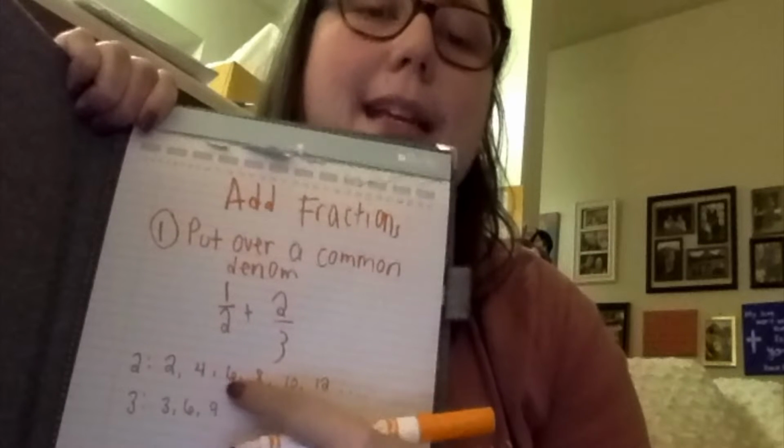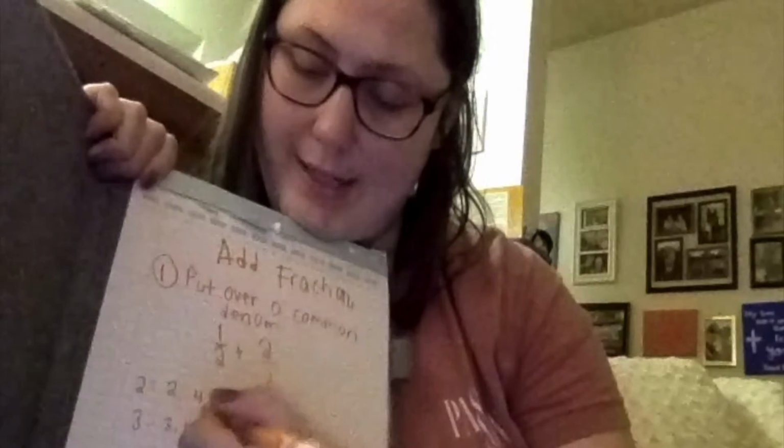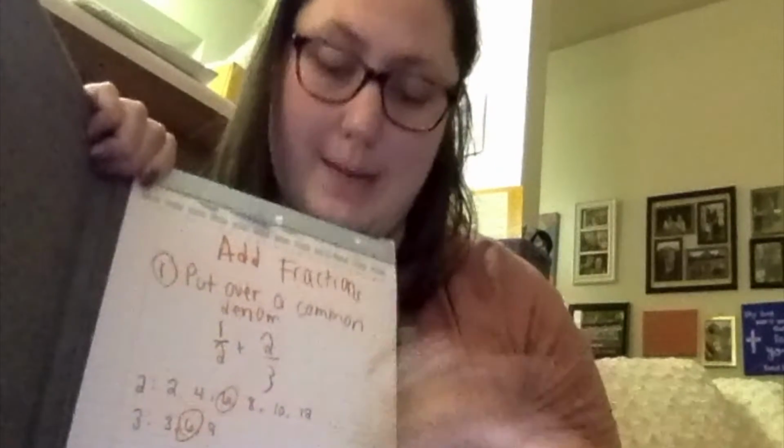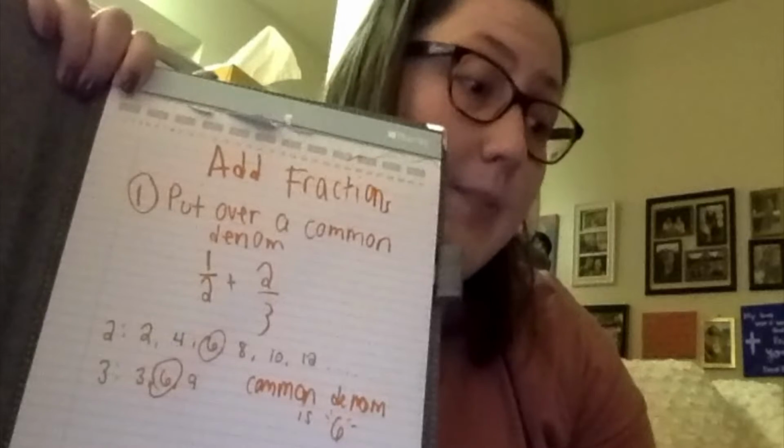For 3, you have 3, 6, 9. Wait a second. If you look here, 2 has a 6 and 3 has a 6, so I believe we have just found our common denominator. Common denom is 6. Ding, ding, ding, ding. Common denom is 6.